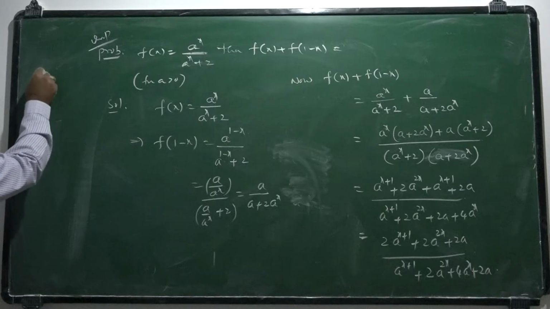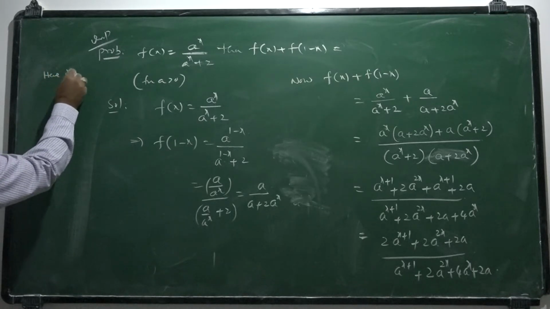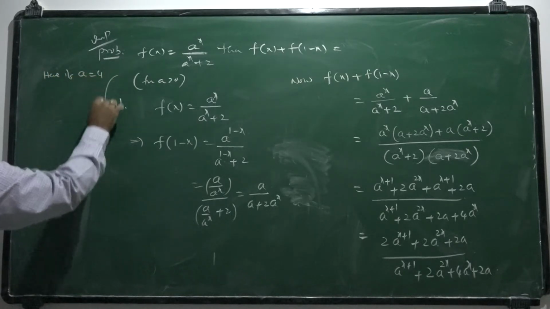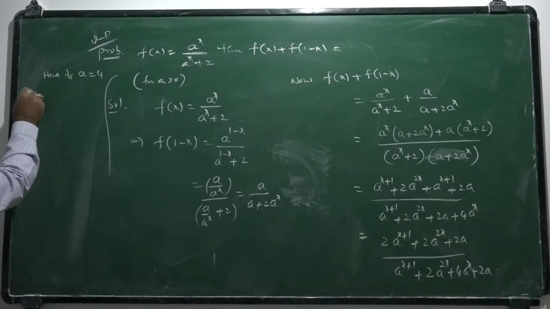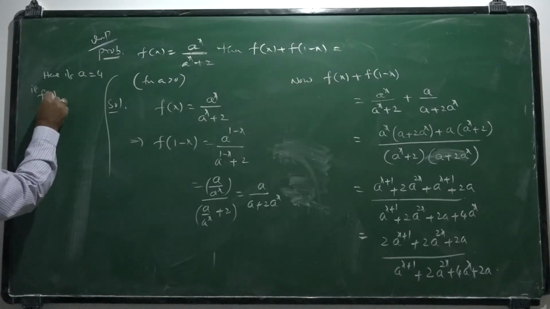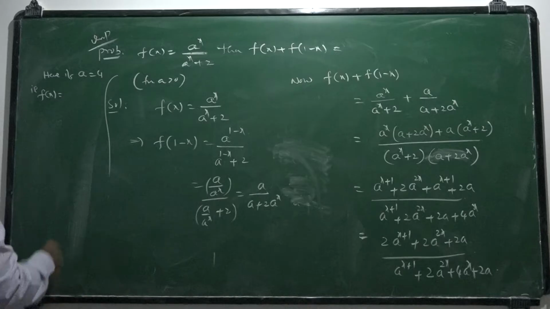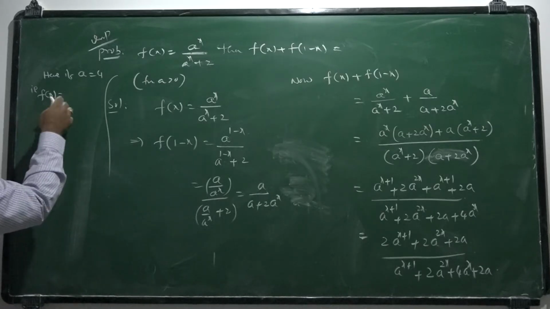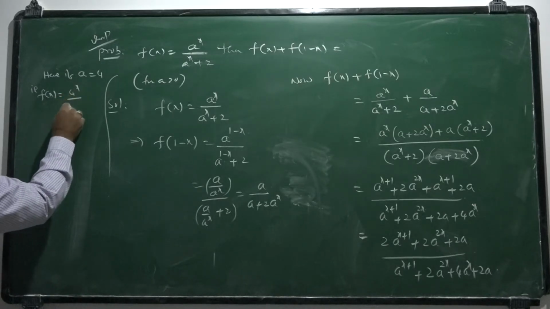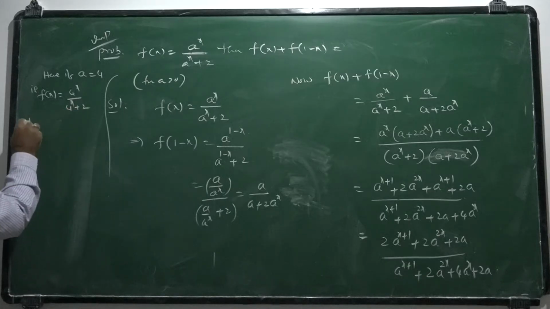Particularly here, if a equal to 4, that is, in particular, a equal to 4, f(x) is 4^x by (4^x + 2).